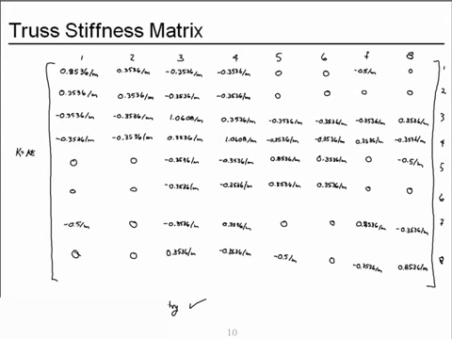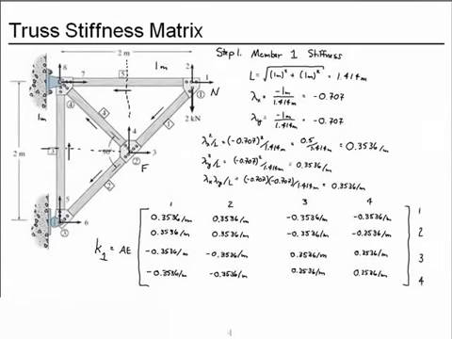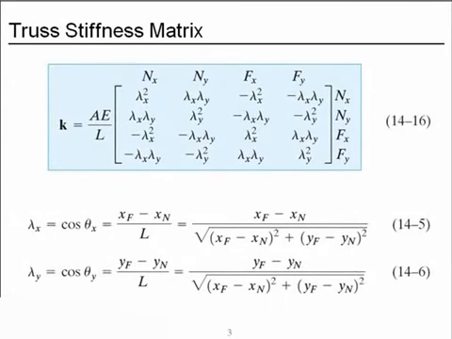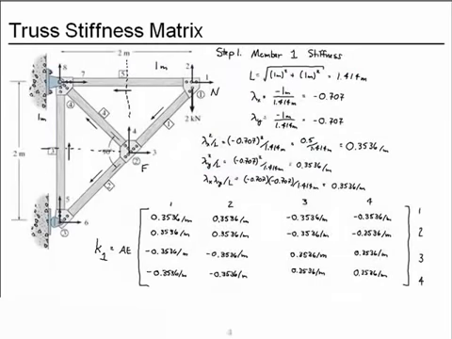Now let's go back and review our process. We started by finding the member stiffness for each of the 5 members individually, and to do that we used equation 14-16 and noting that the directional cosines are given by equations 14-5 and 14-6. We started with member 1, noting which direction the member goes, so we could identify near node and far node.